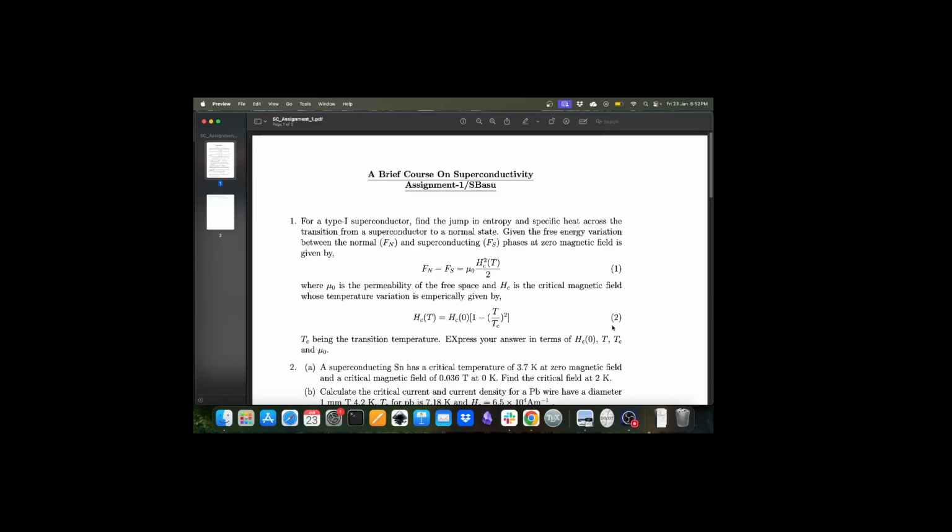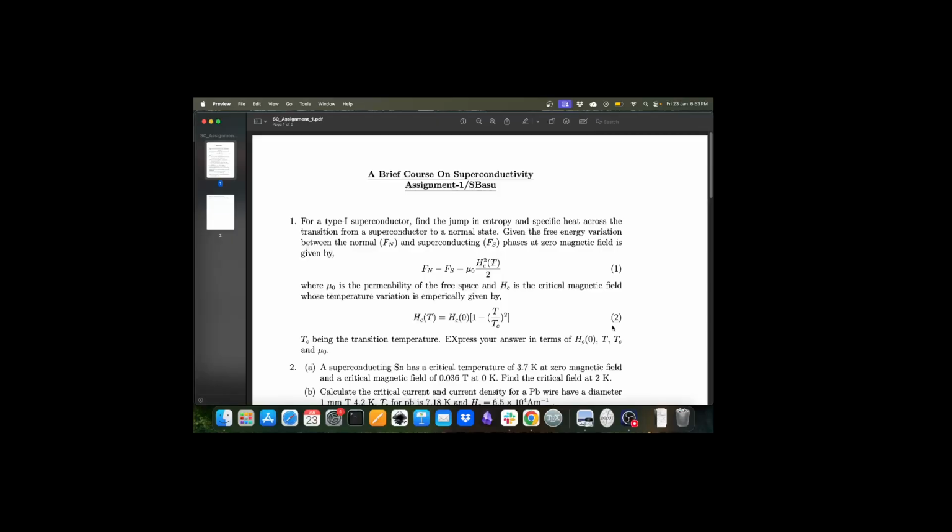From this expression, you can directly take Sn minus Ss, and use this equation 1 and just take the derivative. So you need to take minus del by del T of F, where F was given by this: F of N minus F of S.